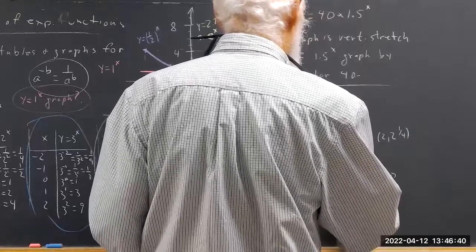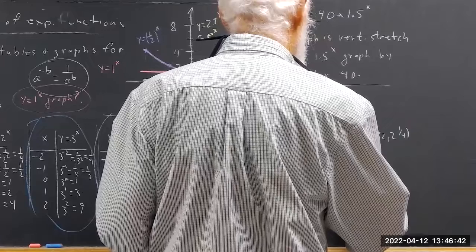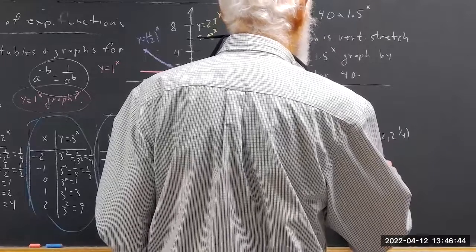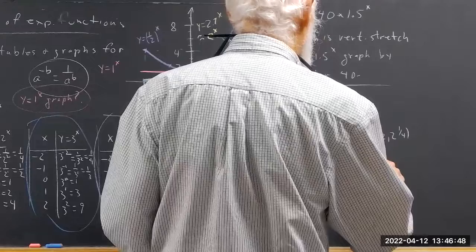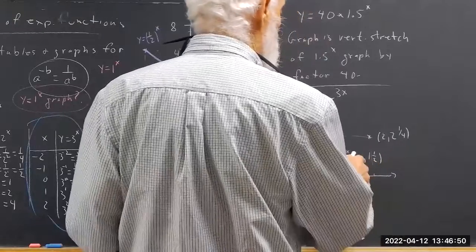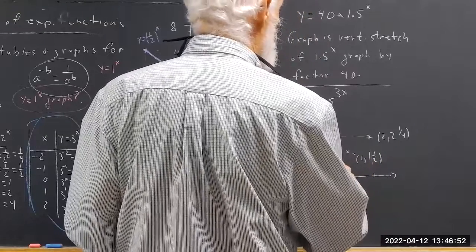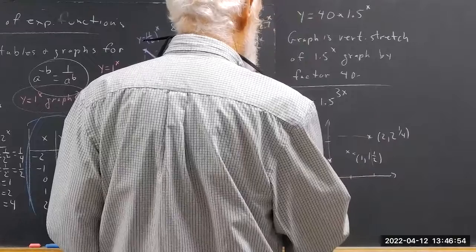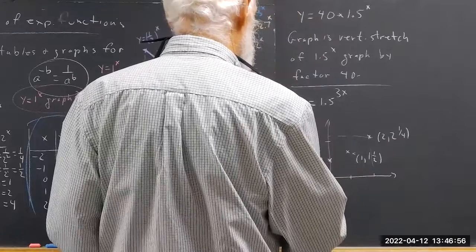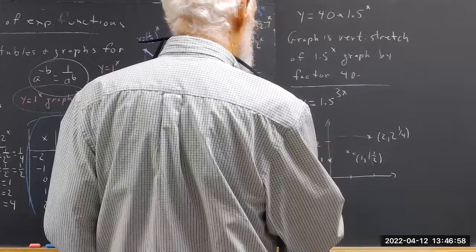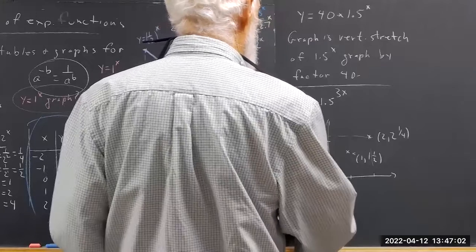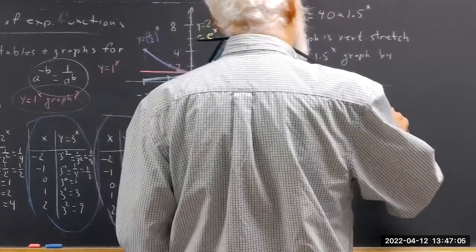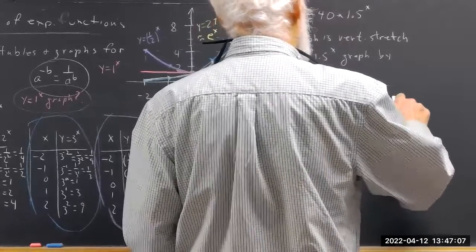It's going to have a point 1, 1.5, and a point 0, 1. It's going to have a point down here that's, well, it's actually going to be 2/3, and then it's going to be 4/9. And it's going to look like this. And here's y equals 1.5 to the x.